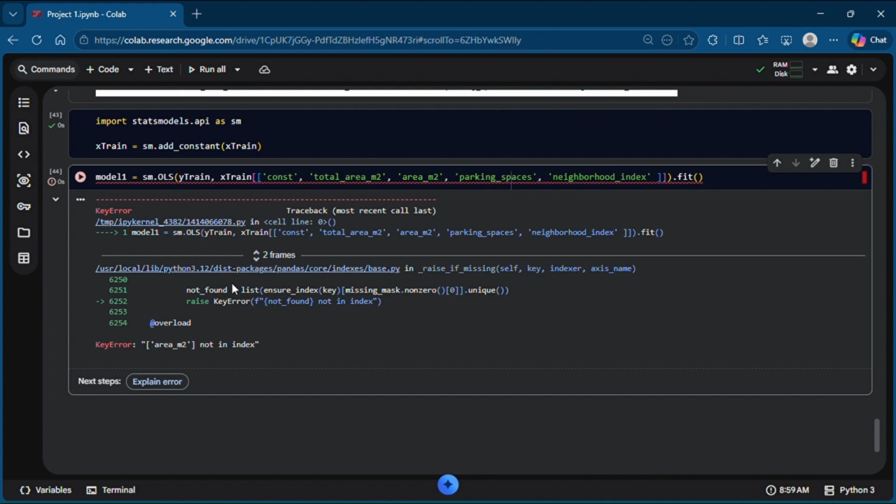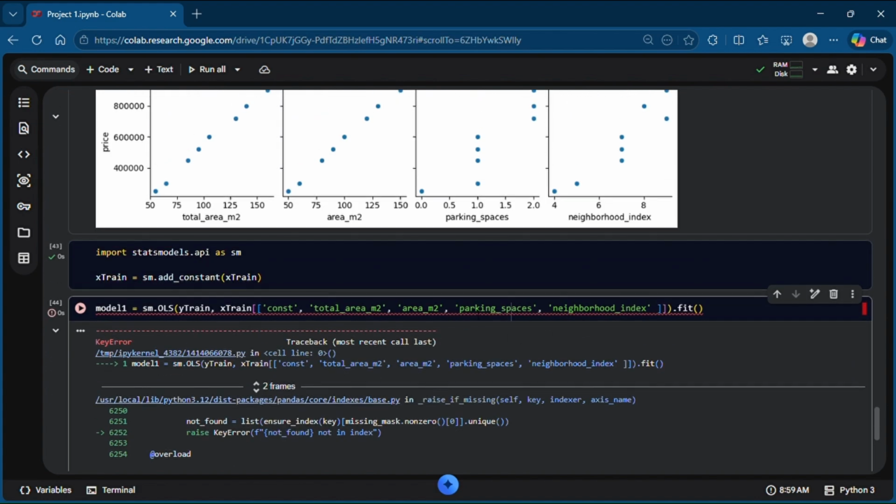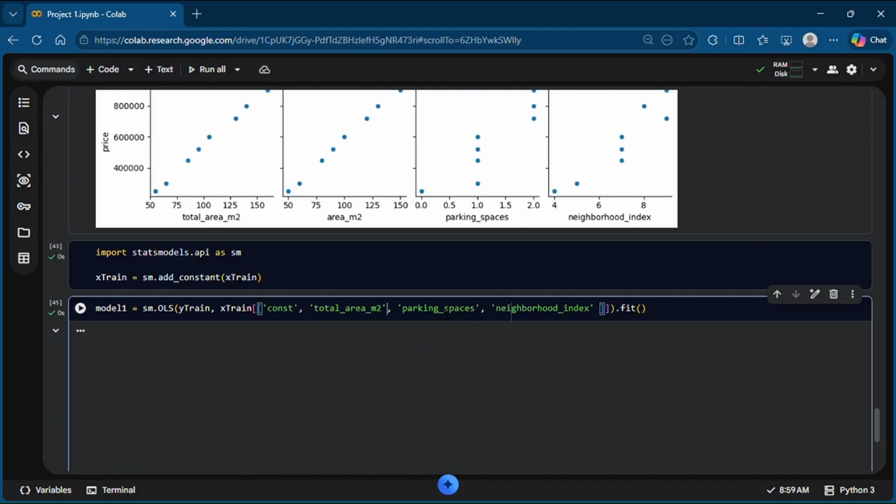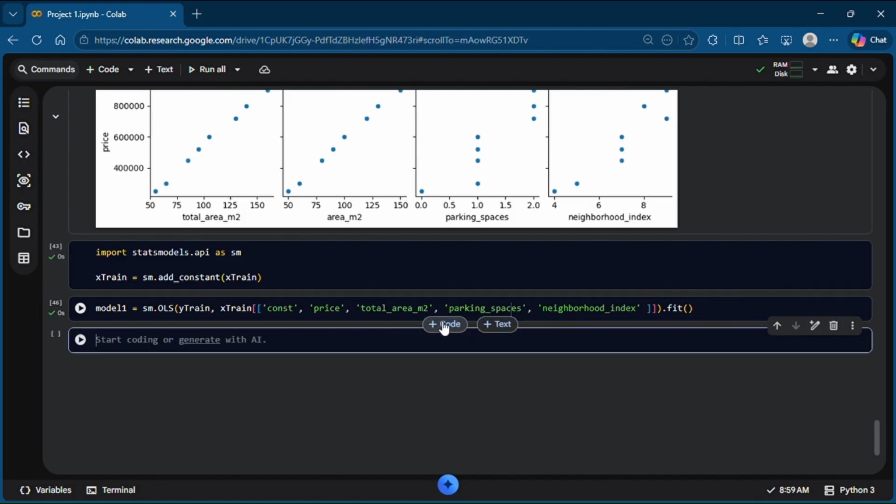Let's see this. Area m squared, not an index. Oh no, because area m squared is the y_train. I'm sorry. Now let's put the price too. Price. So the summary, to finish our class.